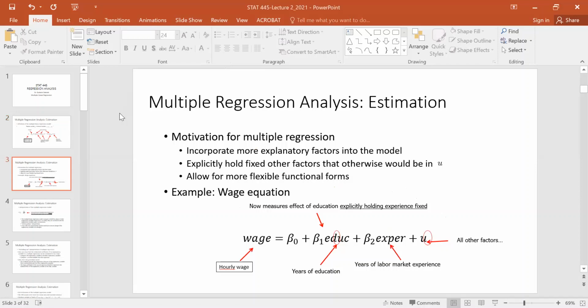So what's the motivation for multiple regression? You remember I mentioned that simple regression is woefully inadequate, except in certain instances where you are using data from an experiment. Multiple regression allows us to incorporate more explanatory variables into the model. You remember the fertilizer and yield example where we were only using fertilizer as our regressor.